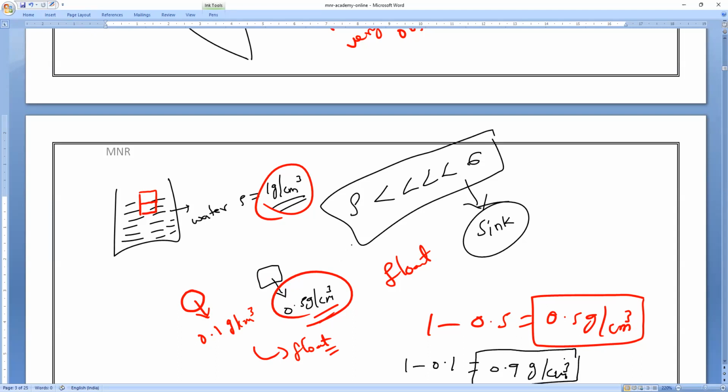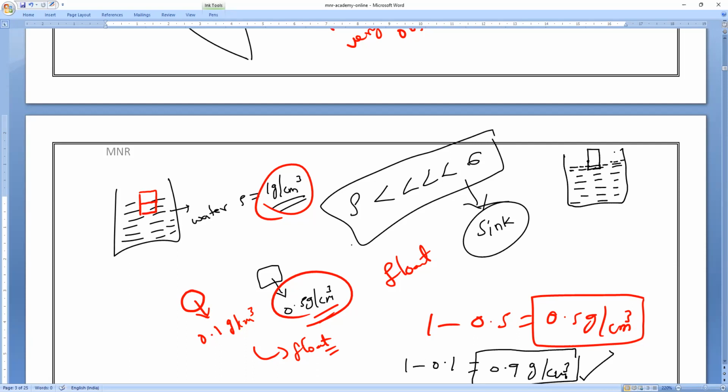So will the immersed portion be less or more? The difference is more, so the immersed portion is very, very less. They noticed that most of the object is floating above the surface.